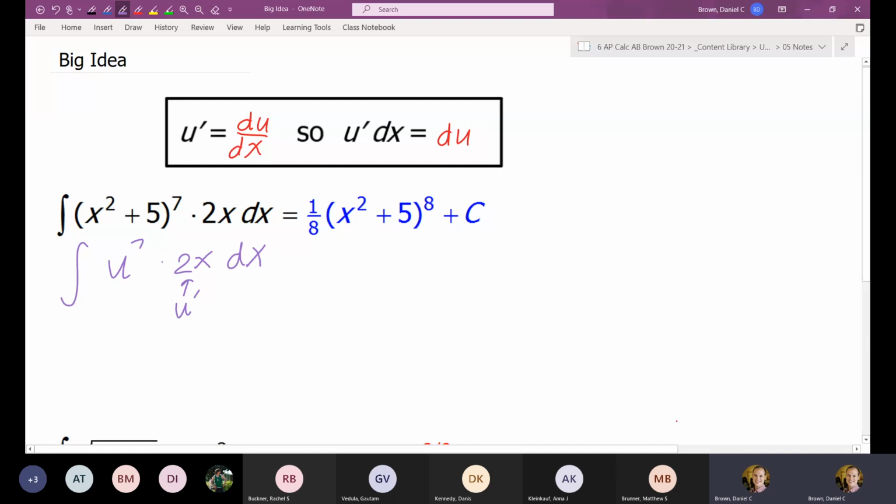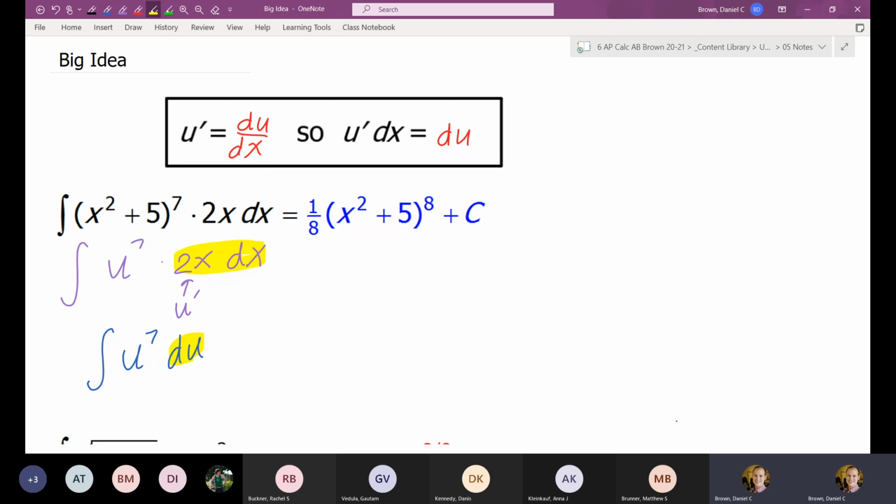And you're like, why is all this important? That is u prime times dx, and what is u prime times dx but du? What we're getting at is we're going to take a problem that is in terms of x and put it in terms of u. By putting it in terms of u, we're going to have a much easier integral to do. The original question right here, complicated.